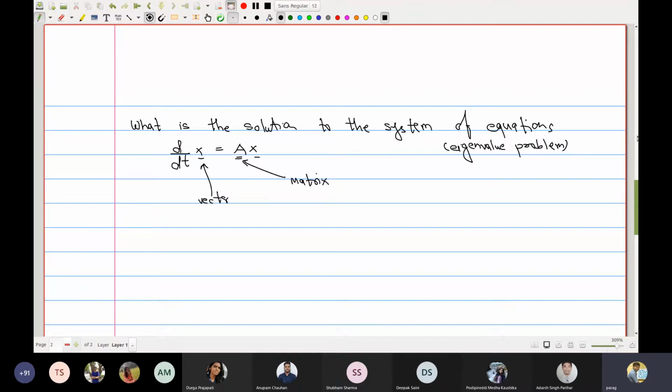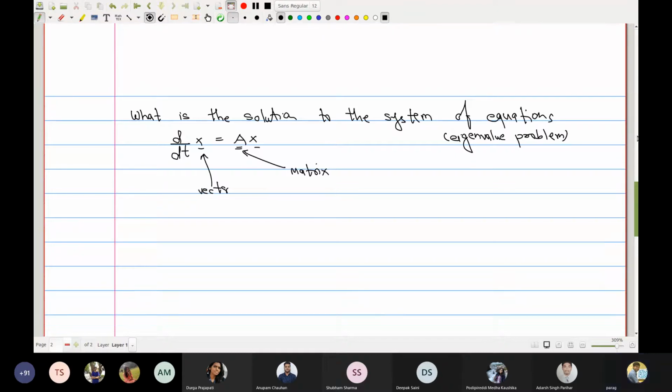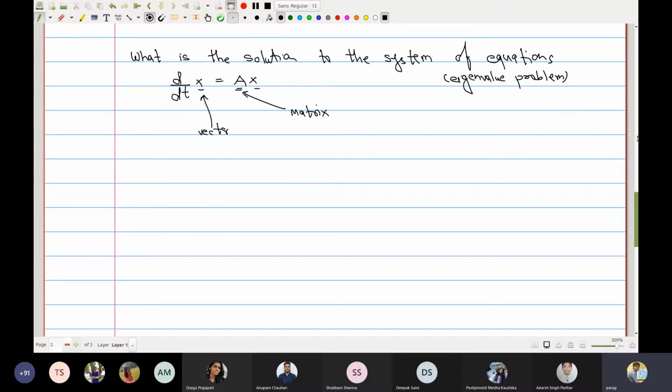This is an eigenvalue problem. We have already proved this in our previous course on mathematical techniques, and I'm giving you the final result. The students of instrumentation are encouraged to substitute the solution into the original equation to see that this is indeed the solution.